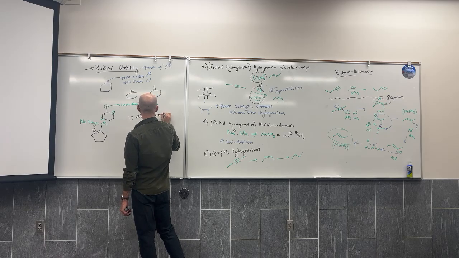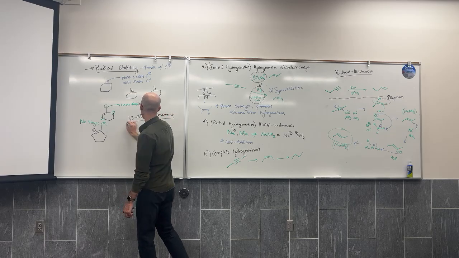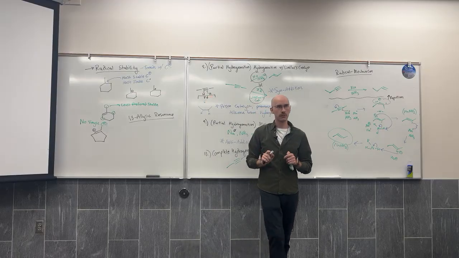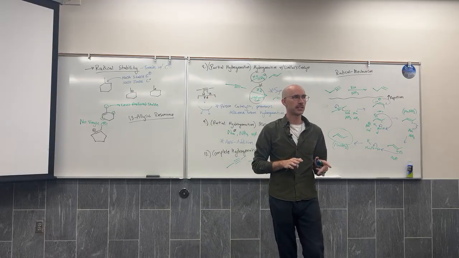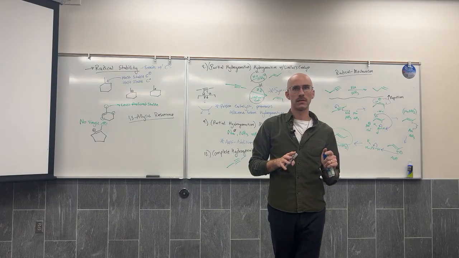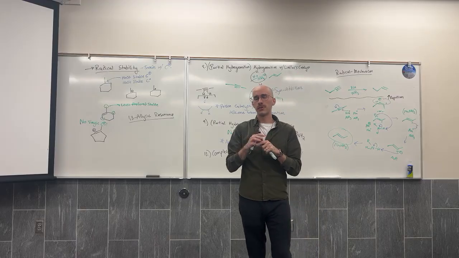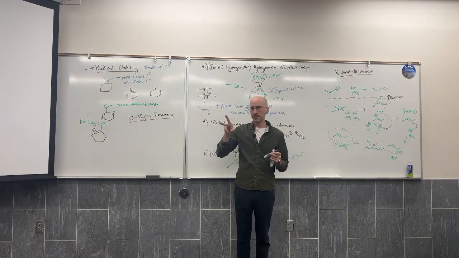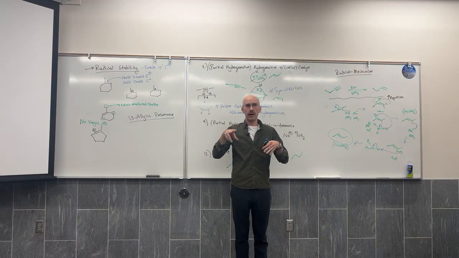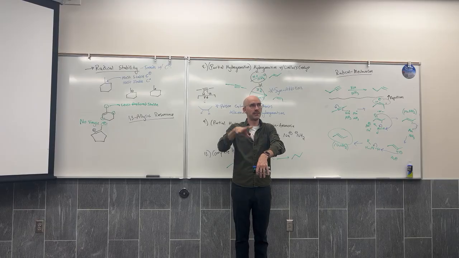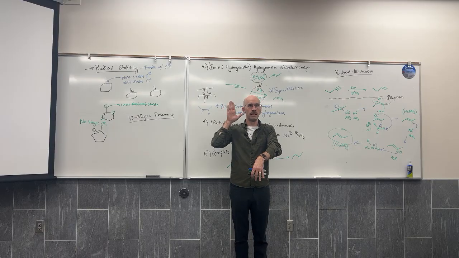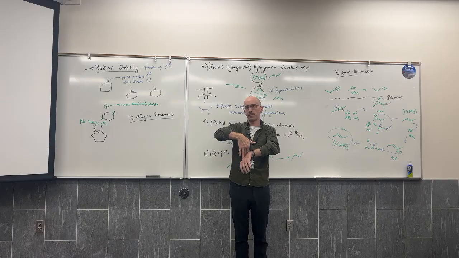I want you guys to see 1,3 allylic resonance. Remember early in the semester when we introduced resonance, we said that there are two types of resonance. There's a 2-atom system, where an electron-deficient atom is next to an electron-rich atom, and the electron-rich atom shares with it.